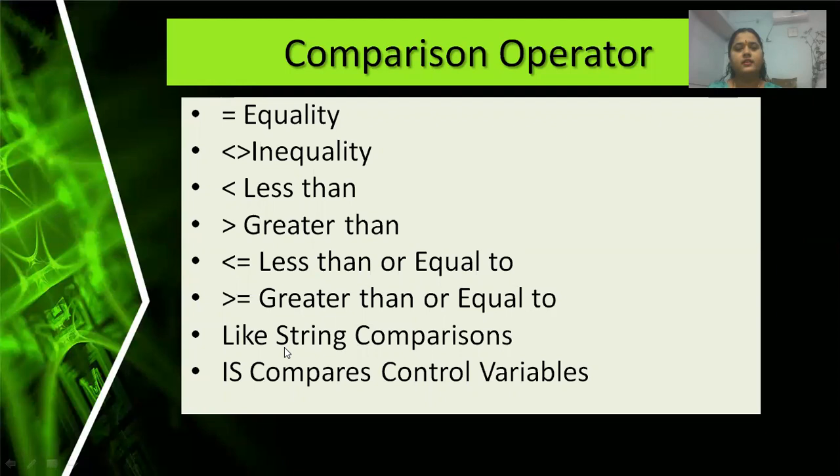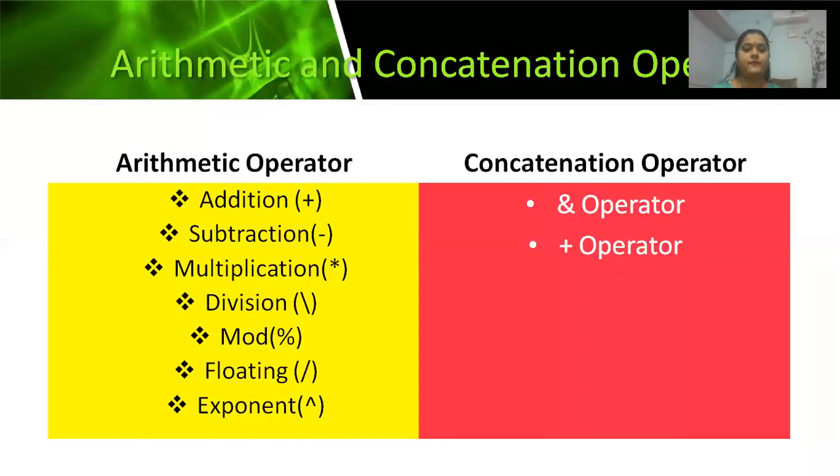There is one new comparison operator used in Visual Basic, which is Like, for string comparison, and Is, which compares control variables. All these comparison operators are used in conditional structures, and in Do While and looping structures in Visual Basic.